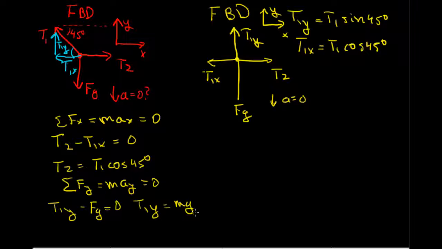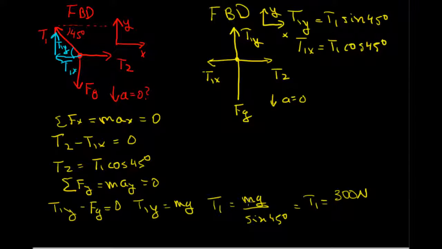That says that T1 is equal to mg over the sine of 45 degrees. That gives me T1 is equal to 300 newtons, because the mass was 30 kilograms times 10 meters per second squared, divided by 0.7071, the sine of 45 degrees. That's 424 newtons. This gives me T1.